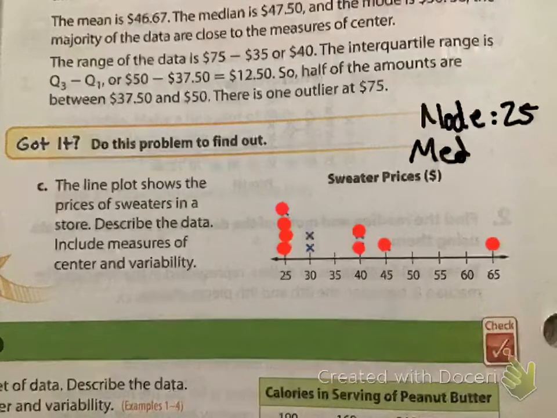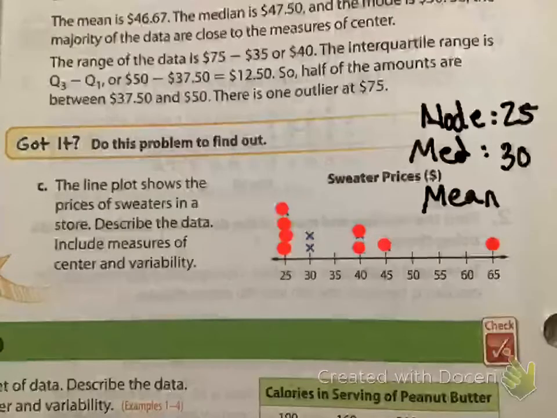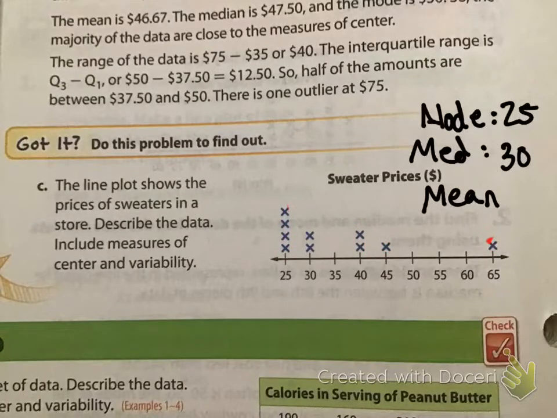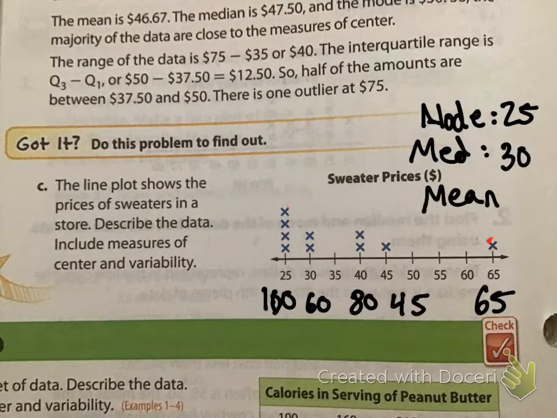Our median is 30. Our mean, we once again have to add all of these up. So this is 25 times 4. It's 100. This is 30 times 2, 60. 40 times 2 is 80. 45 times 1, and 65 times 1.